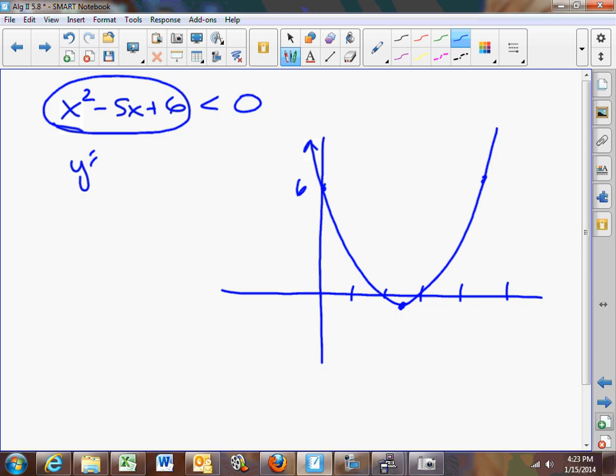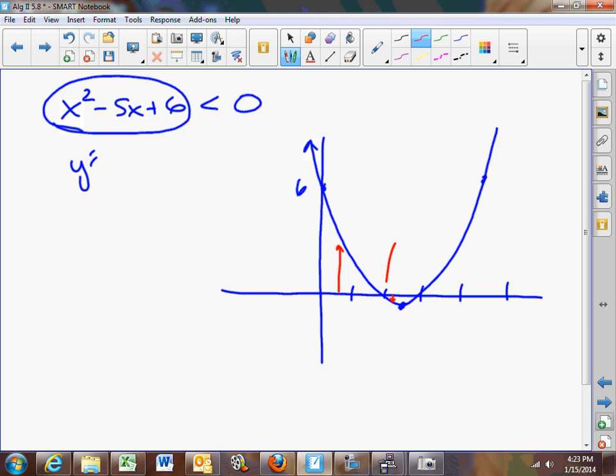Now notice y in a graph is the length of the line segment from the x-axis to that particular point. Now, if we want y to be less than 0, then we want the values where the parabola is below the x-axis. Now, what we want to report is what x's will give us values below the x-axis.